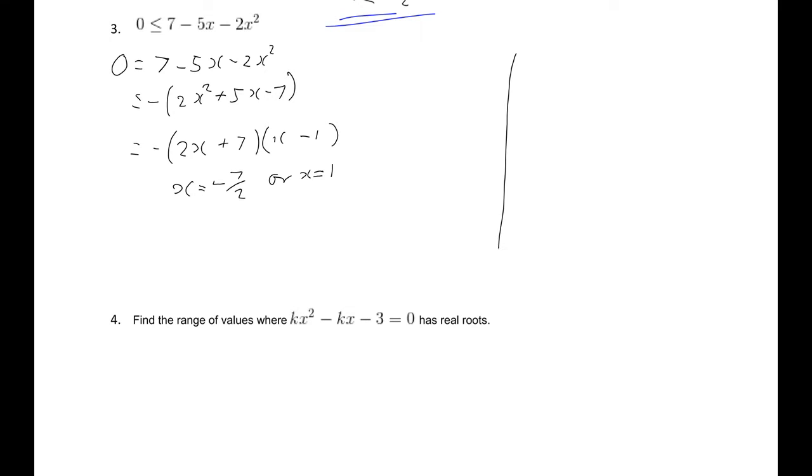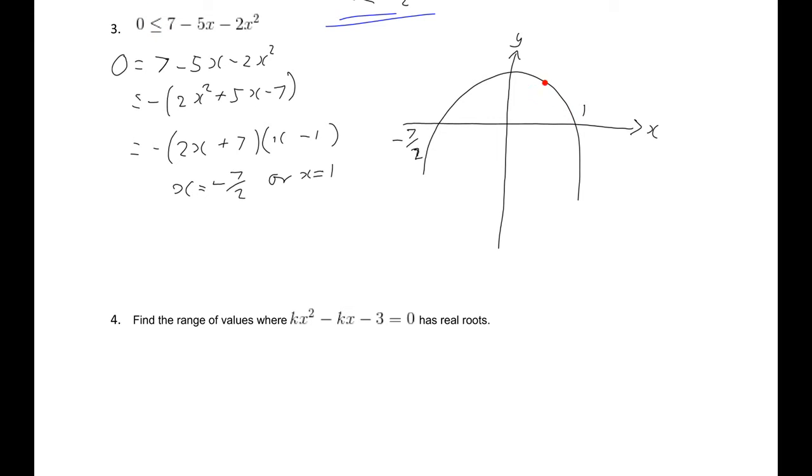Those again are our critical values. Now this time we're going to have a graph that looks like this. That's 1, that's minus 7 over 2. No, it doesn't matter that these graphs aren't very accurate. They're just there to help you with your workings. So we want all of this to be bigger than or equal to 0.